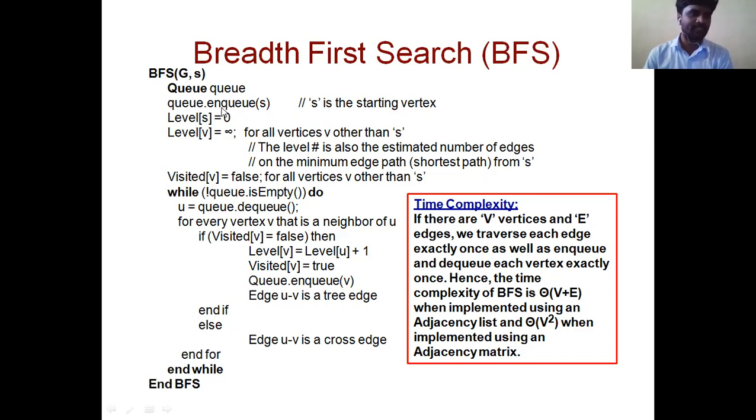We represent the enqueued vertices starting from level 0, and level infinity for all vertices v other than the source s. At the same time we are introducing the dequeue also, for every vertex v that is a neighbor of u. This is how we can go through the breadth first search algorithm in a programming manner.